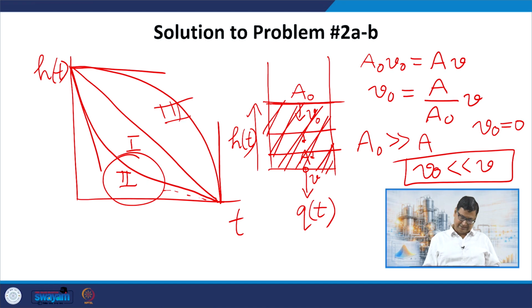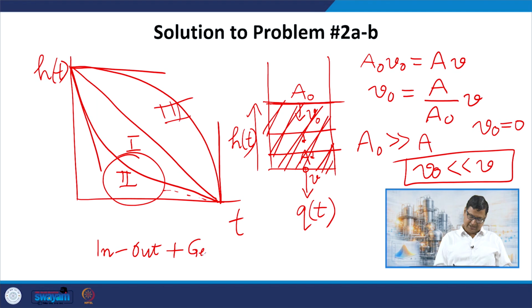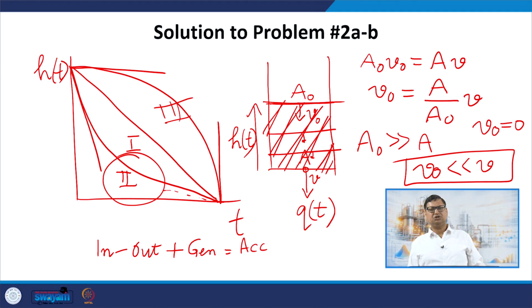So, in that case, if I do a material balance, I can do something like the rate of inflow minus the rate of outflow plus the generation is equal to the accumulation. If you look at this problem, there is no input, no water is being added in the system, but there is an output.